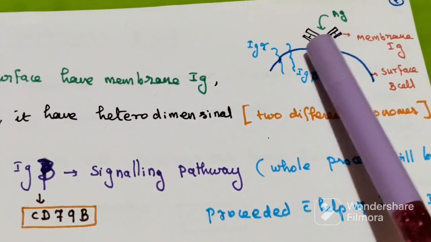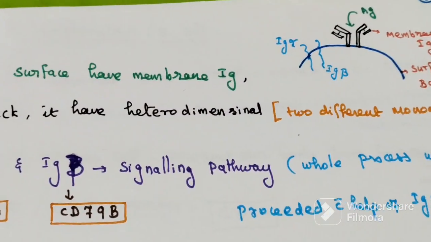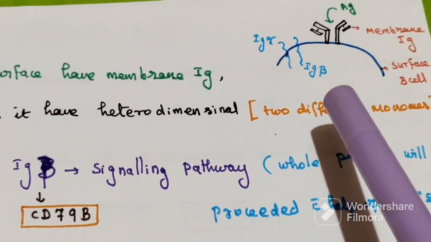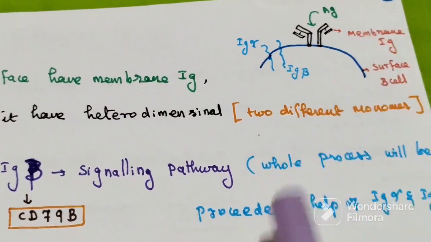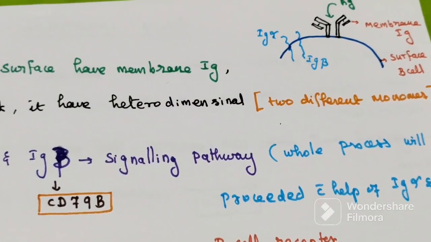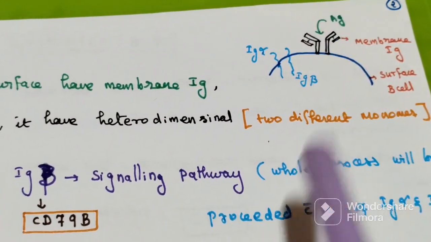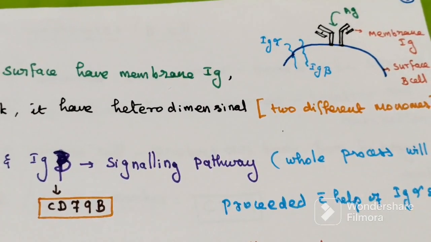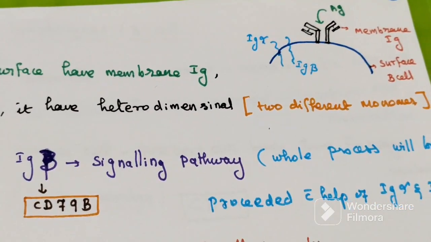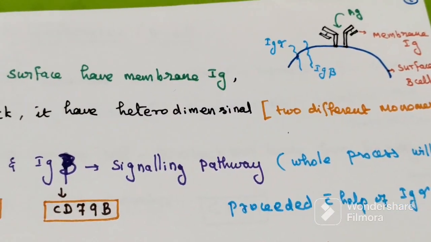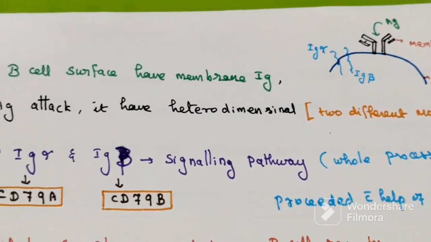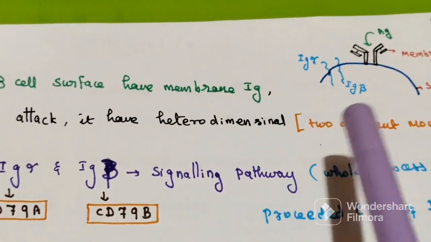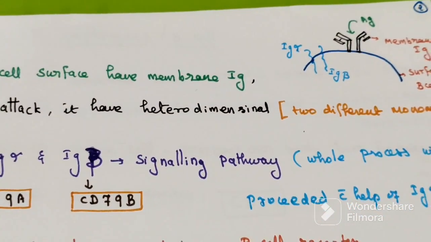Suppose this one is a B cell having a receptor; the B cell surface has membrane immunoglobulin for antigen attack. It has one heterodimer, that means two different types of monomer. The first monomer is called Ig alpha. The second monomer is called Ig beta.